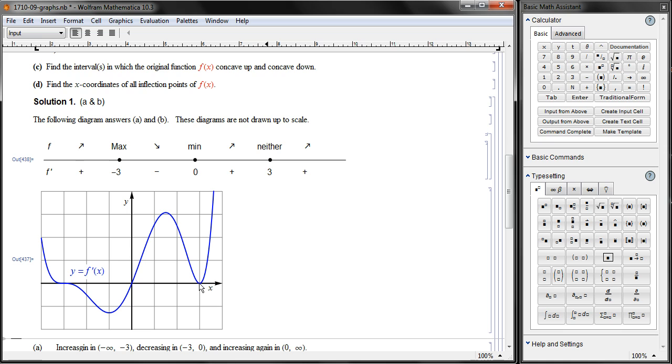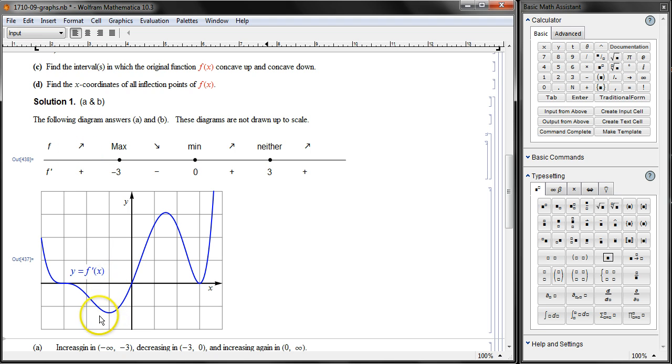Now, these three critical numbers divide the number line into 4 pieces. Less than -3 here, between -3 and 0, between 0 and 3, and finally greater than 3. Right here, less than -3, the graph is above the x-axis, so the derivative is positive, and consequently the original function is increasing.